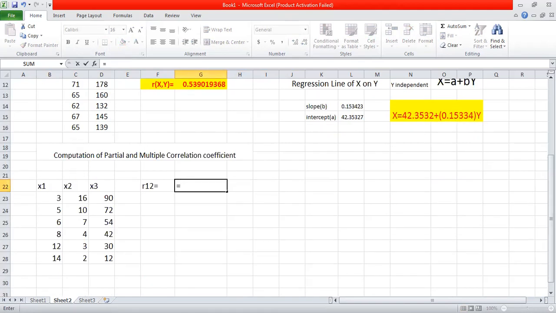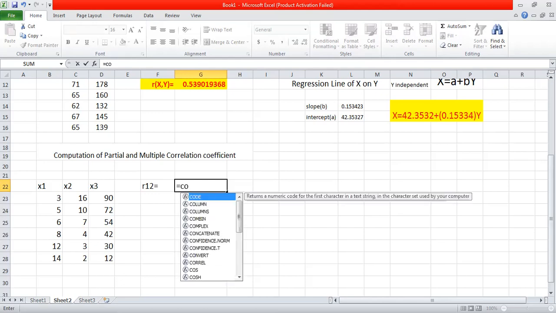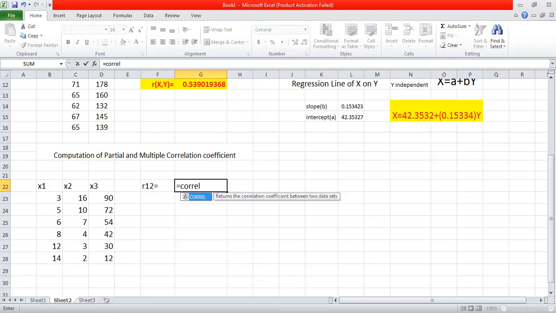We have a function called CORREL, C-O-R-R-E-L, that is used to find the correlation directly. So for R12, we are finding the correlation of x1 and x2. We have to consider first the x1 values, comma, then the x2 values. Close the bracket.